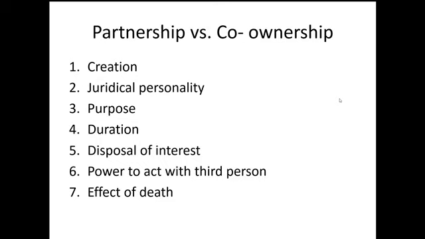In this case, there are now 4 persons: ABC as natural persons and ABC partnership as a juridical person. Unlike doon sa co-ownership, if ABC are co-owners of undivided property, there are only 3 persons, A, B, and C lang. There is no separate legal personality for the co-ownership.